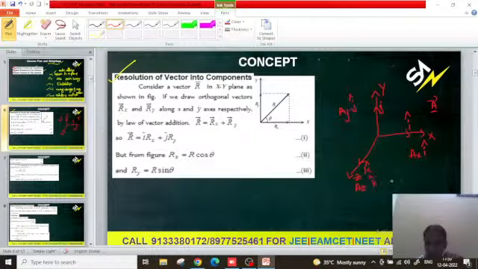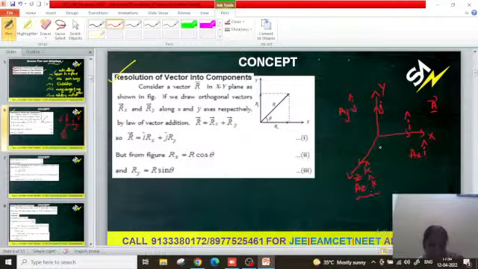So instead of writing any vector lying along the x axis, y axis or z axis, we can write ax into i cap, ay into j cap if it is along the y axis, and az into k cap if it is along the z axis.